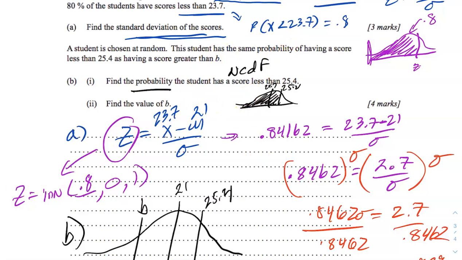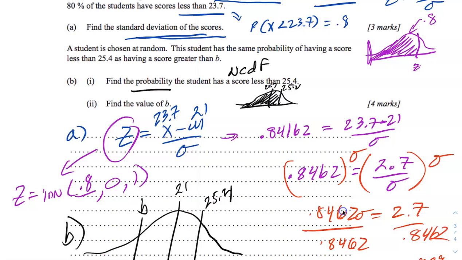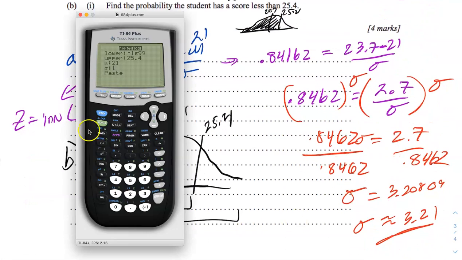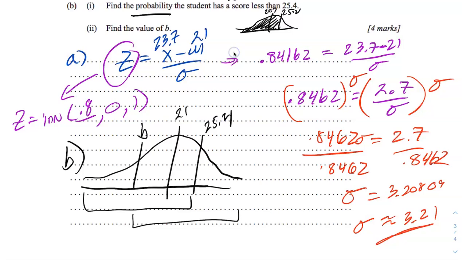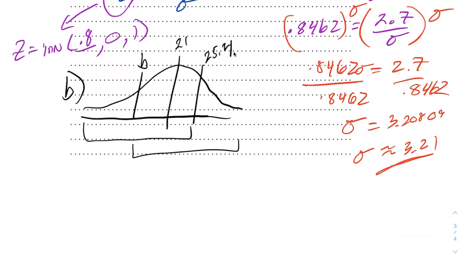Sorry about that. Then the standard deviation we just found, 3.21. Hit enter, and we get 0.91536, so 0.915.